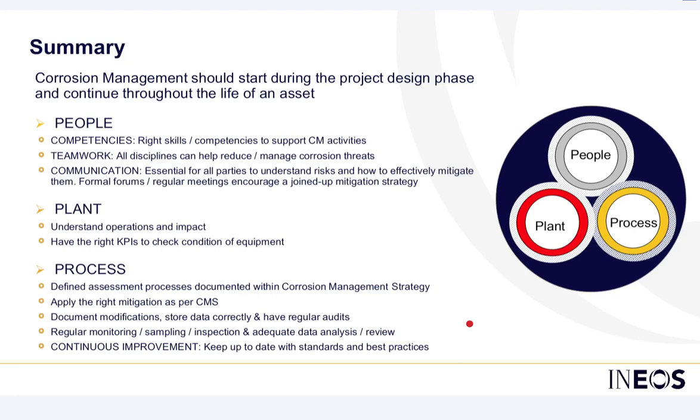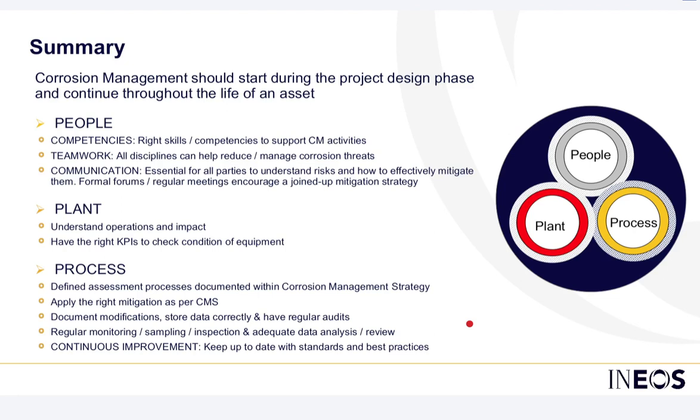A firm understanding of the plant is also necessary, and understanding which process parameters tie into key performance indicators will then start to set out what is happening regarding the integrity of equipment. And there should be a defined process through which all of these threats will be managed.